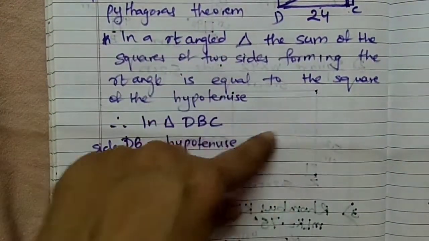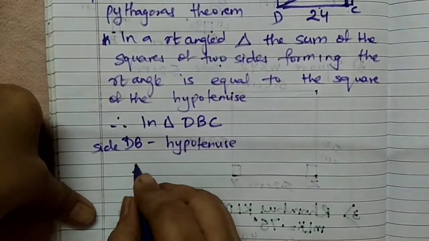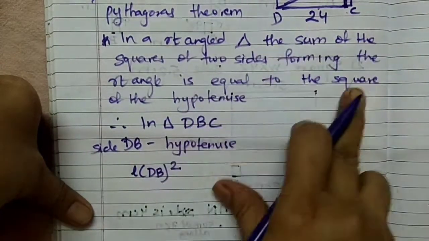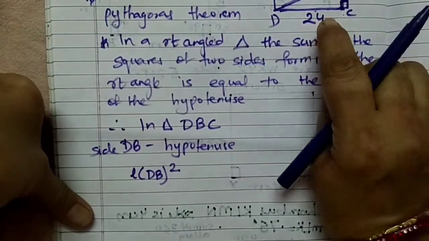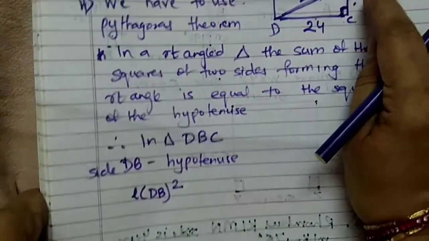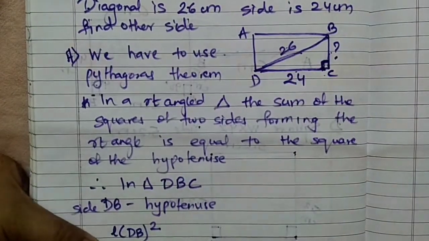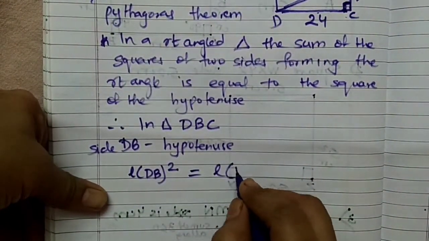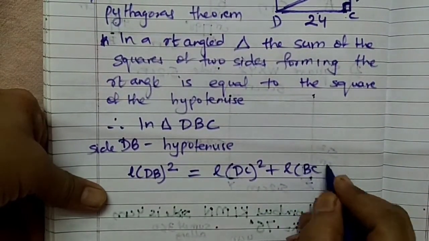So according to the Pythagoras theorem, what do we have? Length of DB square. This is all about squares, not direct. The square of this plus the square of this is equal to the square of this. So length DB square is equal to length DC square plus length BC square.